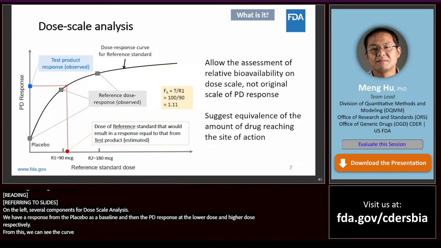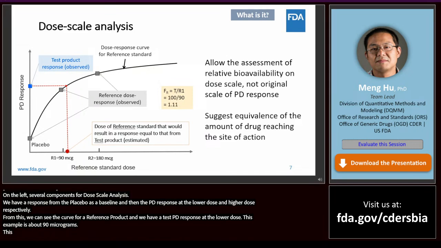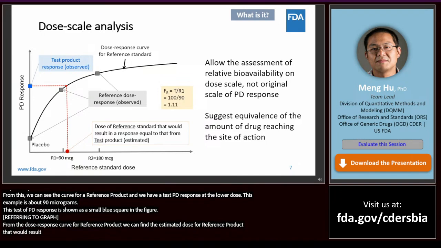Then we have a test PD response at a lower dose. In this example, it's about 90 microgram. This test PD response is shown as a small blue square in the figure. From the dose response curve for reference product, we can find the estimated dose for reference product that would result in the PD response equal to that from the test product.